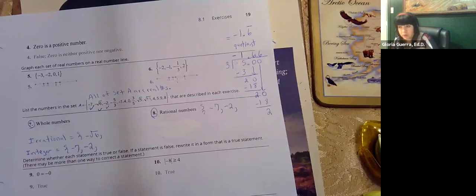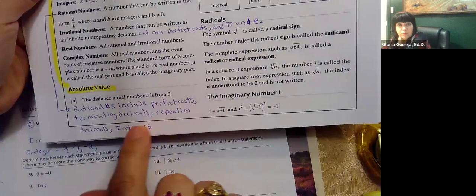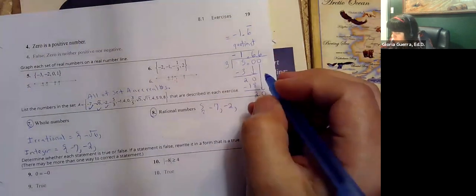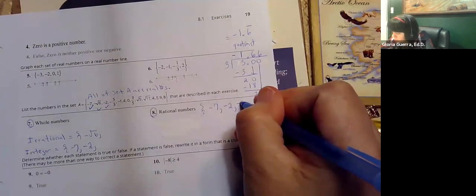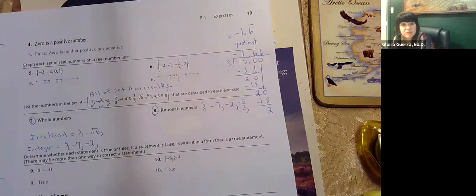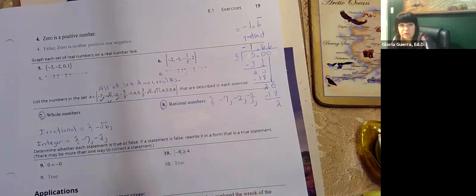And now in your vocabulary, remember, repeating decimals are also a form of rational numbers. So that's going to go under rational. But then that's it. It's a real number, it's a rational number, but you cannot classify it anywhere else. Okay.